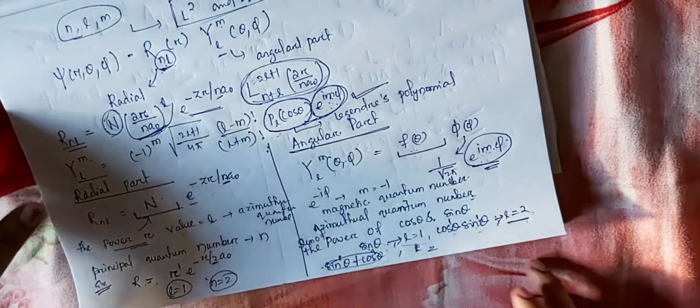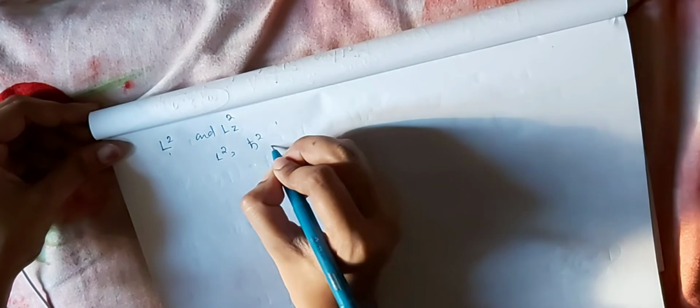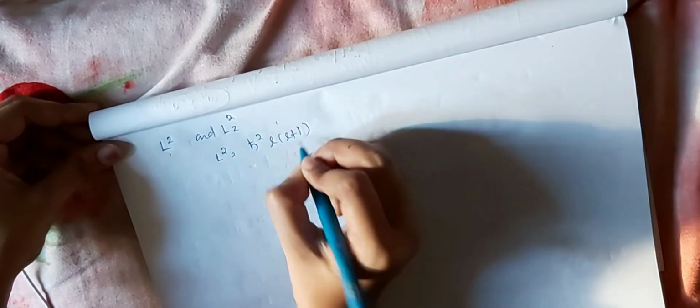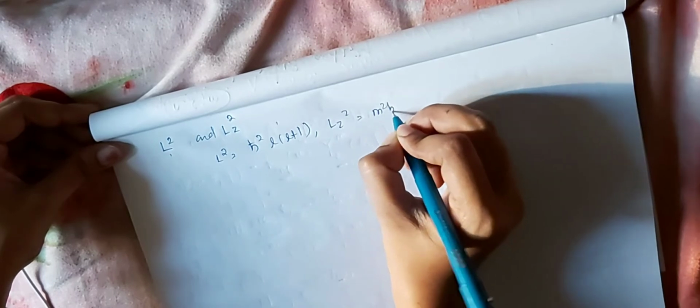Okay, so you guys will get questions where you have to find out the values of the angular momentum. Okay, like L square and Lz. Okay, so we know that L square is nothing but h cut square L into L plus 1, and Lz square is nothing but m square h cut square, right?